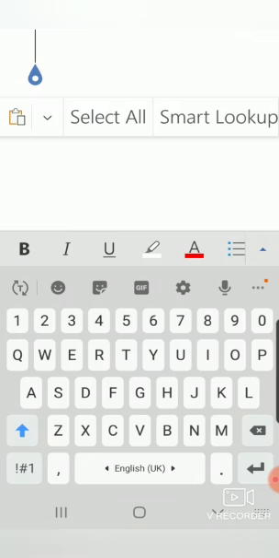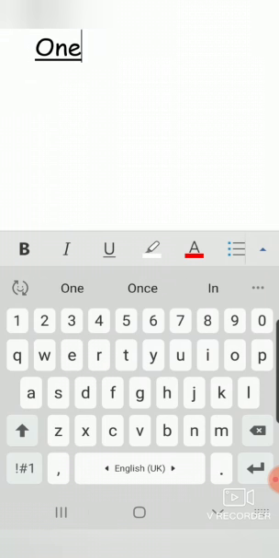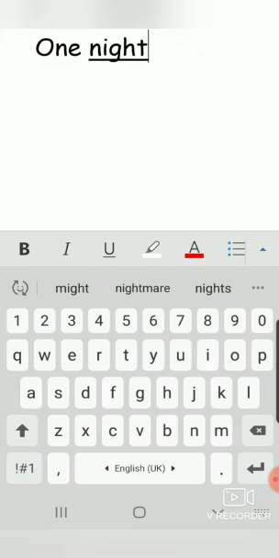Okay, so we start with a capital letter. One night. Okay, because remember the story was set during the night time. Now this is a little bit boring for me. I want to use an adjective, a describing word, to describe the night. So we could have one dark night.